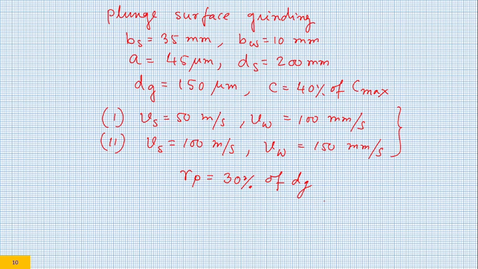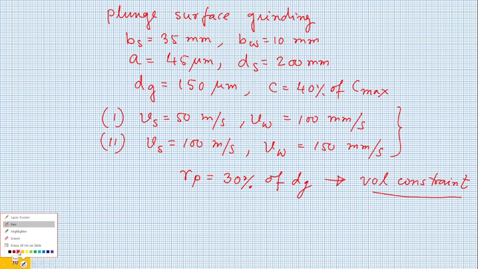And for analyzing this problem, you need to analyze from the volume constant point of view. Other constants you need not worry about. How do you approach this problem? If you are not thinking, then what may happen, I will tell you.